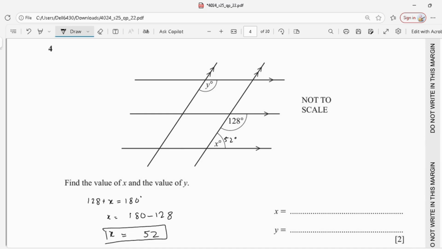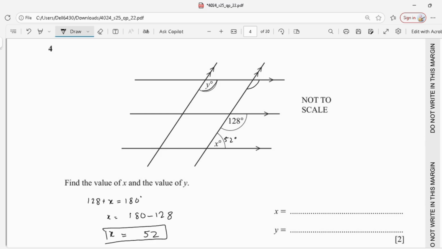Now we can see that these two lines are parallel to each other, and since these two are parallel, this angle would be equal to this angle, as these two are parallel and these two are also parallel. So these two angles are corresponding angles.